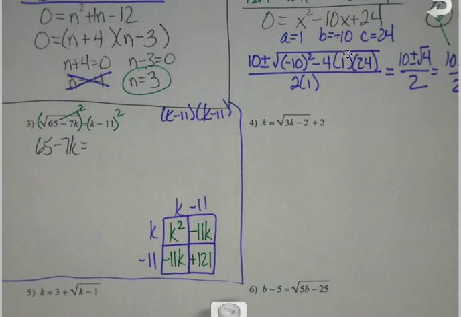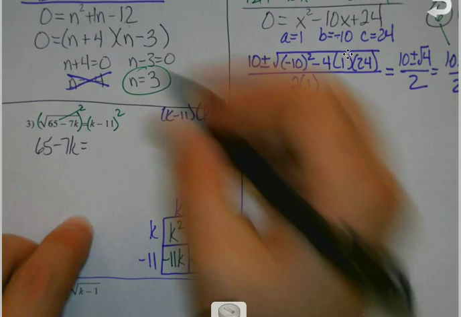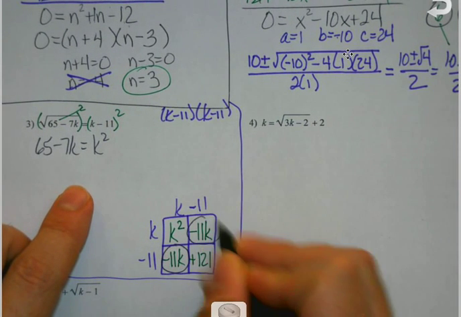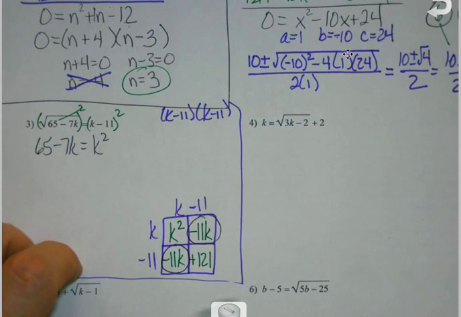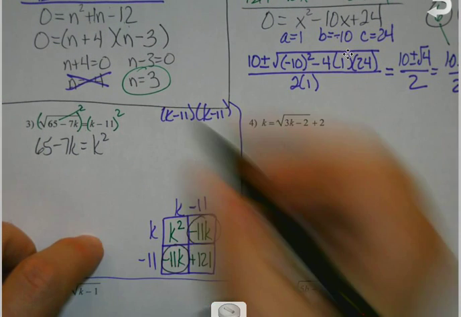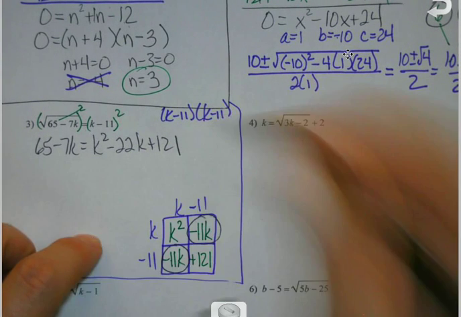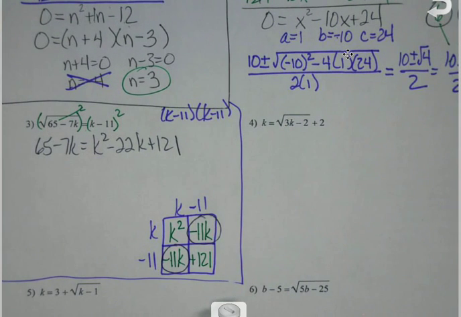And so now to get my right side cleaned up, I got k squared. Remember, once the box is filled, we're just combining like terms, okay? Just adding and subtracting, no multiplying. Negative 11 and negative 11 is negative 22k plus 121. Now it's like the other problems we've been doing up above. I still need to get all of my terms on the k squared side, excuse me.